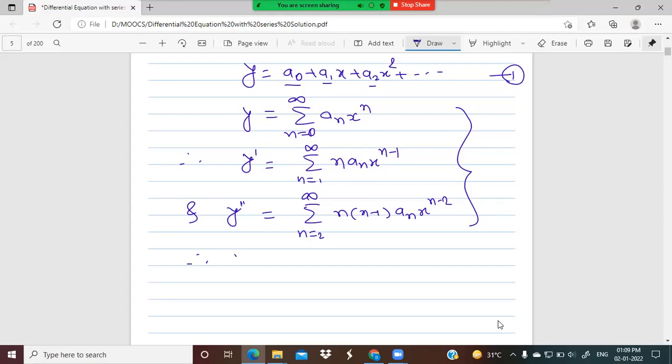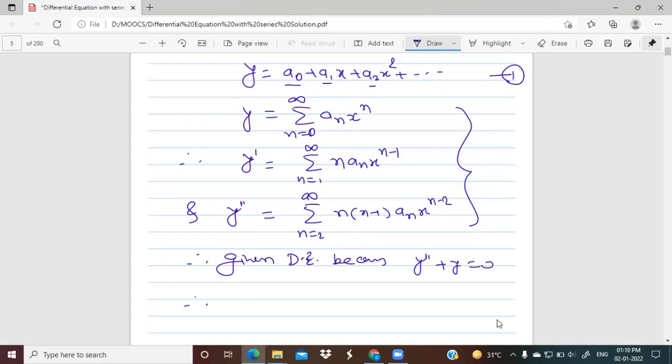By taking help of these three equations, I will write our given equation. Therefore, the given differential equation becomes: what is the differential equation? y double prime plus y is equal to 0. Therefore, I will write the summation n equal to 2 to infinity of n into n minus 1 into an into x power n minus 2, plus y only.